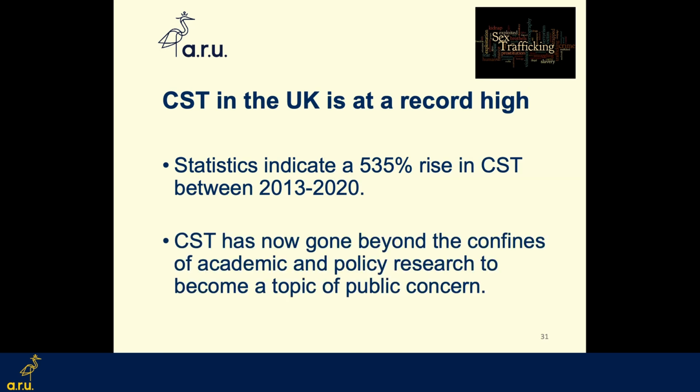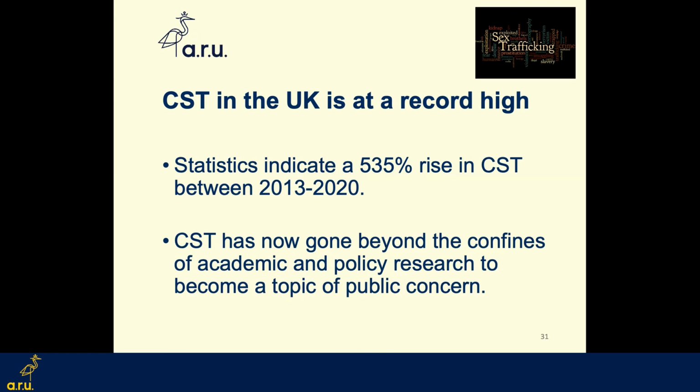So now child sex trafficking has gone beyond the confines of academic and policy research to become a topic of public concern. But it's not really. We don't see much in the news about this anymore, and I believe it's been swept under the carpet to an extent. County lines is now the in thing, and is what a lot of researchers are looking at. Social workers are more aware of county lines than they are of child sex trafficking.